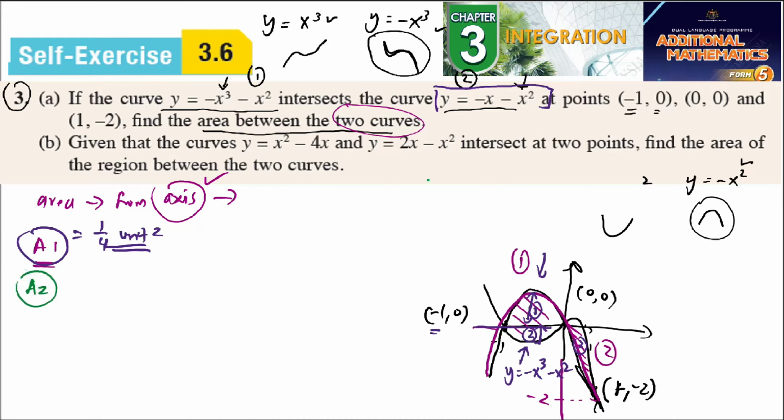So now you can integrate. Negative x is actually power of 1, so you add 1 to the power, you get 1 plus 1 is 2, divided by the new power. Plus, x cubed will become x to the 4 divided by 4. So you close back, and this is from 0 to 1.